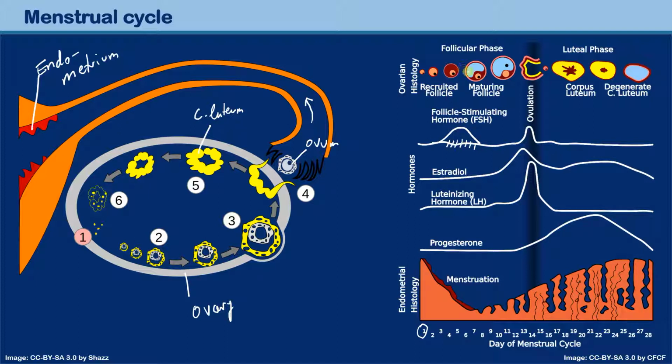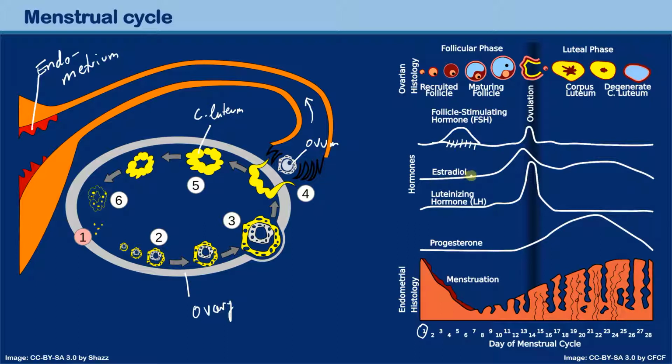This causes the maturing of the follicle and the formation of an egg cell, the ripening of an egg cell. This FSH also tells the follicle to produce estrogen, and estradiol over here, that is the same as estrogen.